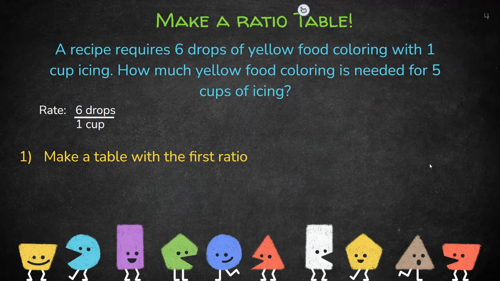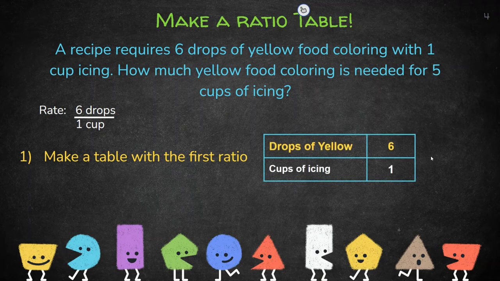And that's to make a table with the first ratio they gave us. They gave us drops of yellow food coloring and cups of icing, which is 6 to 1. So here's our table. Make sure you leave room on your paper after you write down 6 and 1, because we're going to end up writing some more columns on here. But to start with, we're just going to put in the information they gave us.